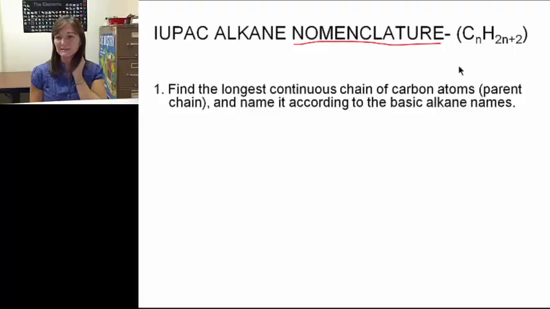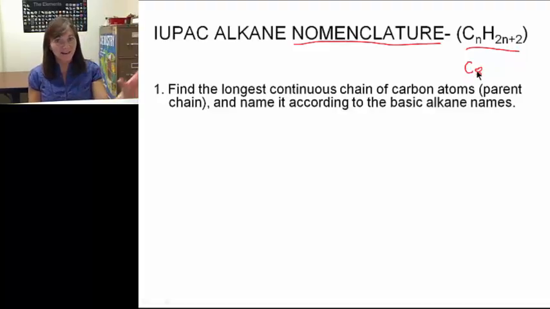Something to note though, some students like this. You do not have to know this, but here is the general formula for an alkane. So if I wanted, for example, to do the molecular formula for a hydrocarbon that has 8 carbons, I could draw that out and I could put all my little hydrogens on to count them up, but the faster way to do that would be to know this formula, where if I'm trying to figure out how many hydrogens I want, N here is the number of carbons, so I take 2 times N, so 2 times 8 would be 16, and then I have to add 2 more to it, so I would get C8H18.